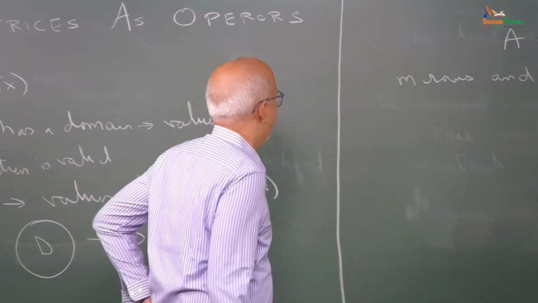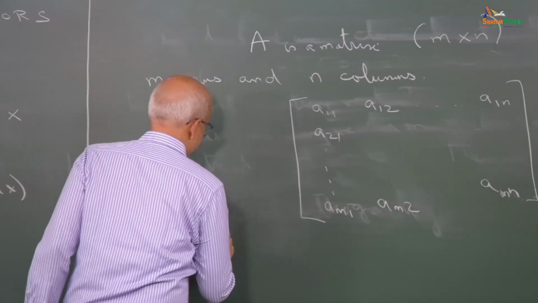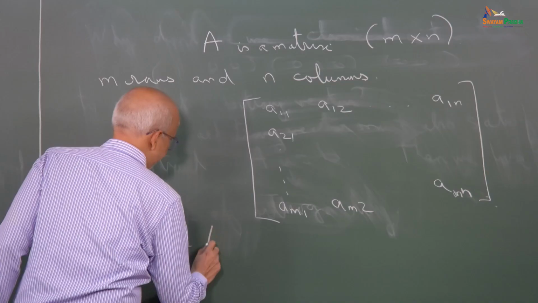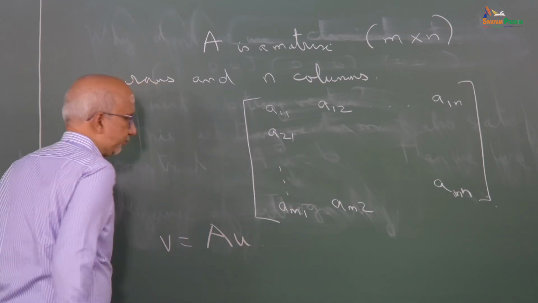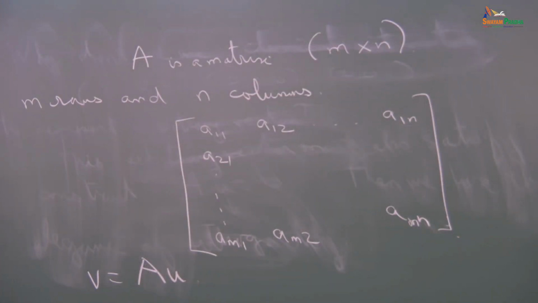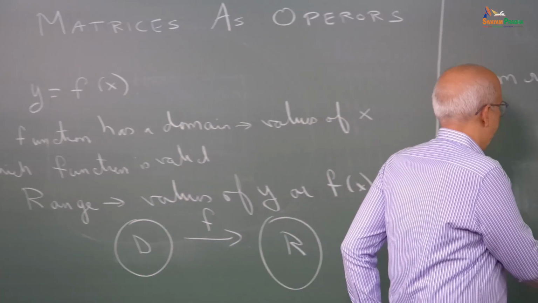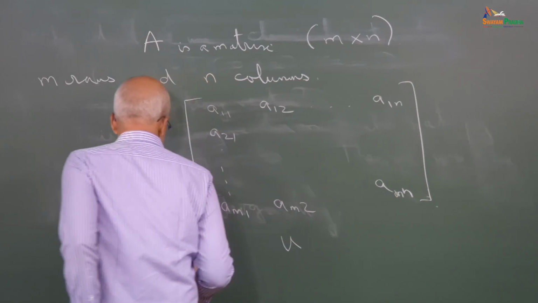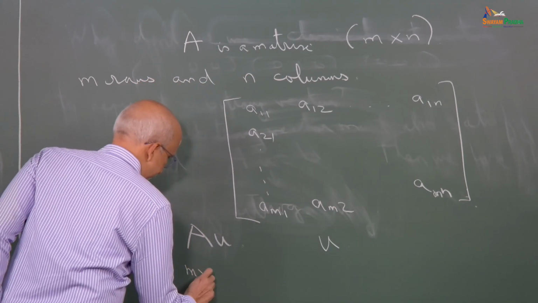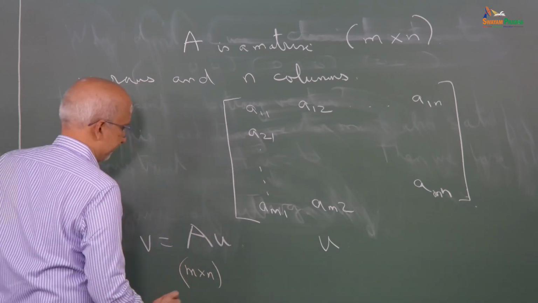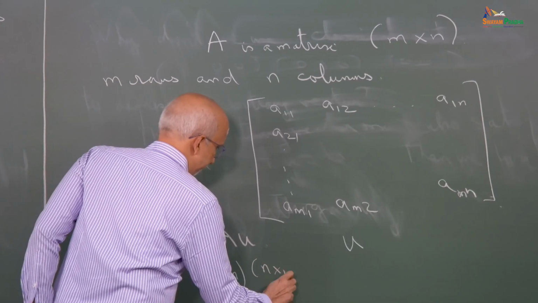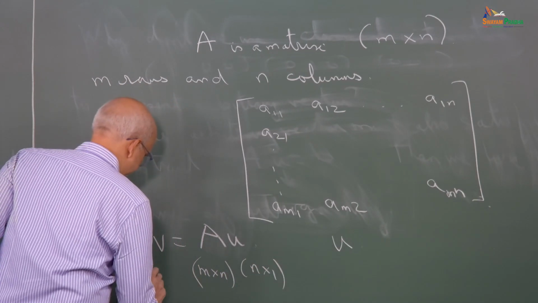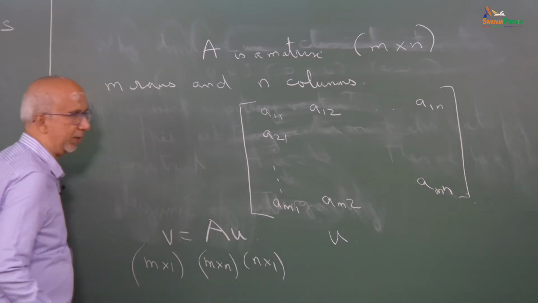Okay. So basically what does A do? V equals AU. This is just a matrix multiplication operation. Okay. Now, U will belong to what space? This is an m by n matrix. So, U has to be n by 1 and V has to be m by 1.